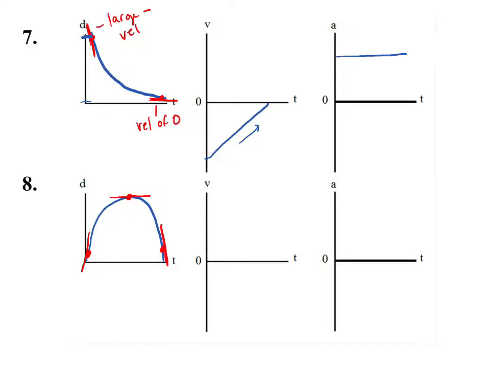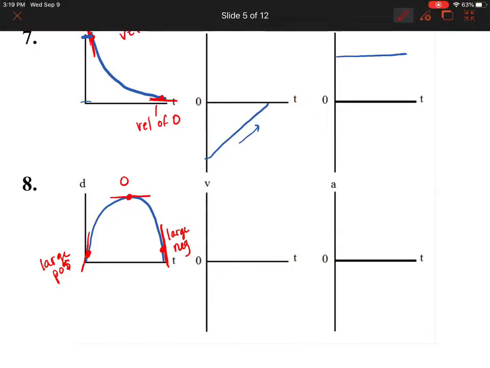That is a large negative velocity, right? Because we have a really steep slope. It's going down, so it's negative. So we're going from a large positive velocity to 0 to a large negative velocity.